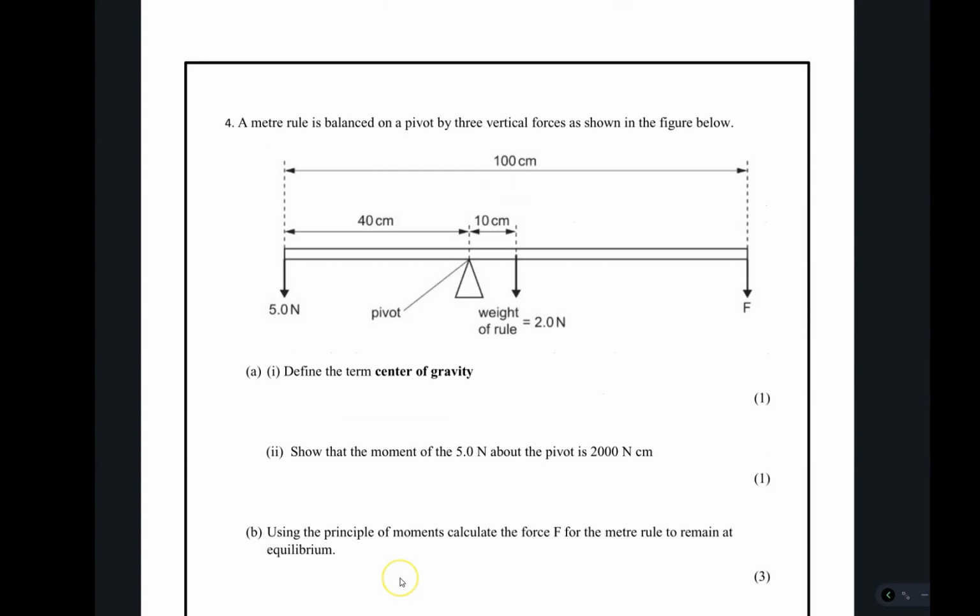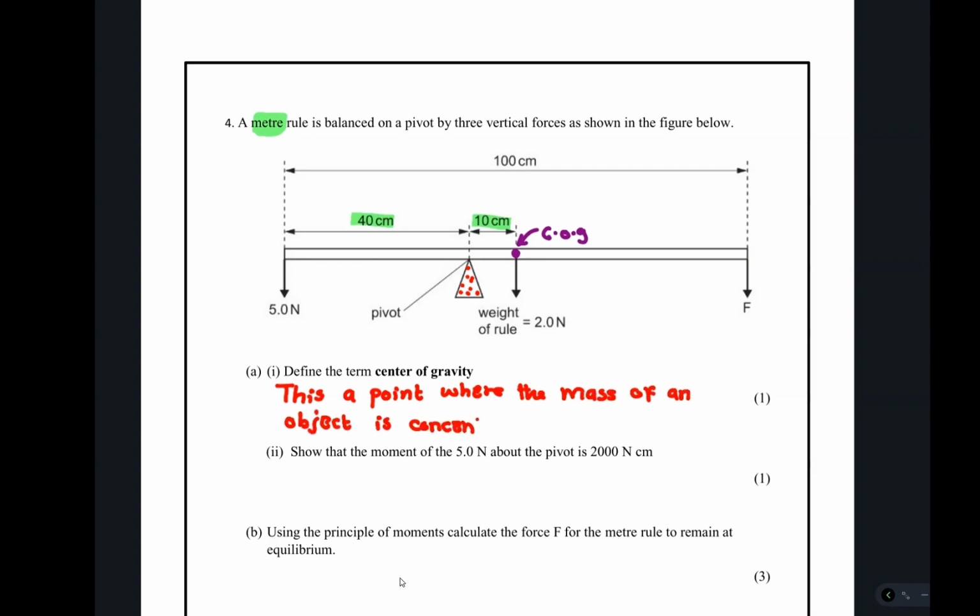So we are going to say that center of gravity can be defined as, that's the COG, of course, because we are told it was a meter rule, it is 100 centimeters. So the center is going to be where we have the 50 centimeter mark. One part we have 40, we have 10, then that makes 50, so the COG is at that point. And then now we can go ahead and write this definition. This is a point where the mass of an object is concentrated.